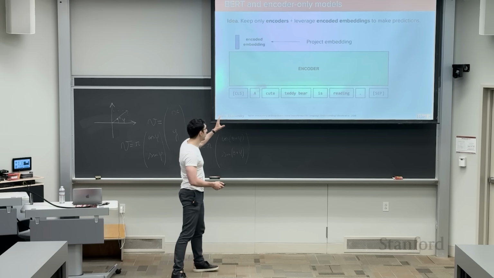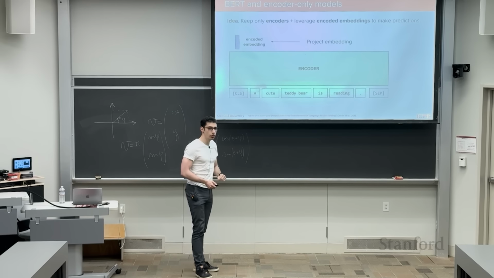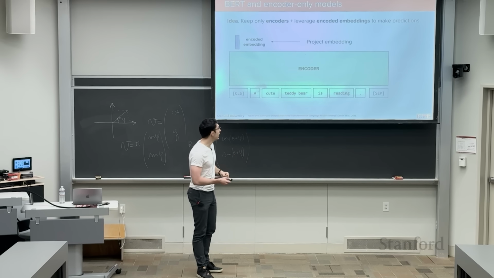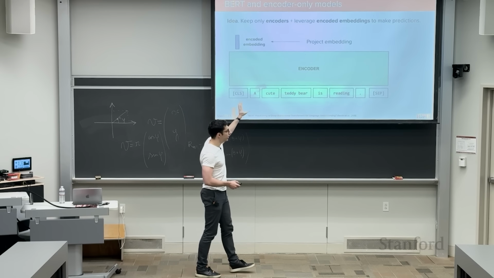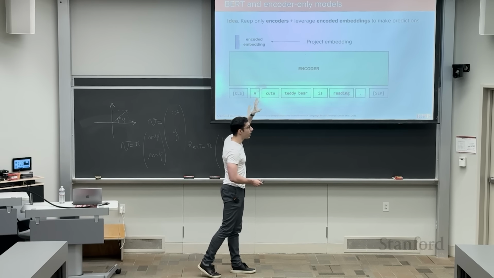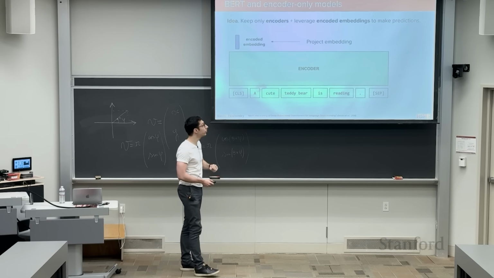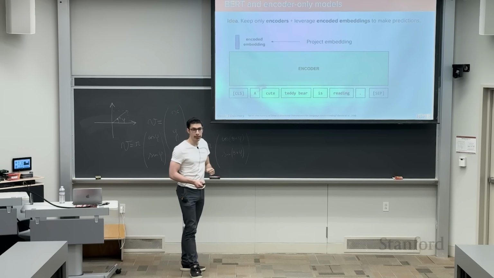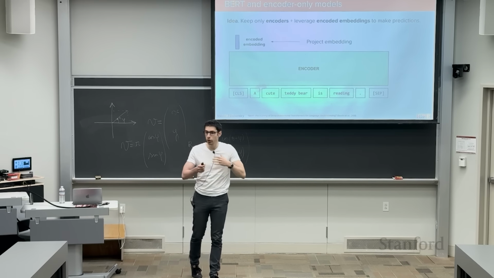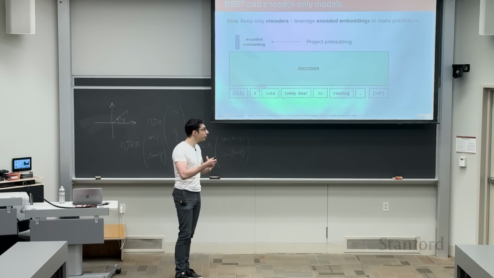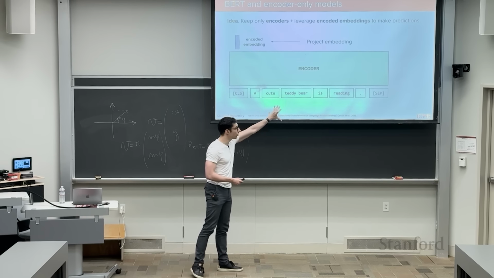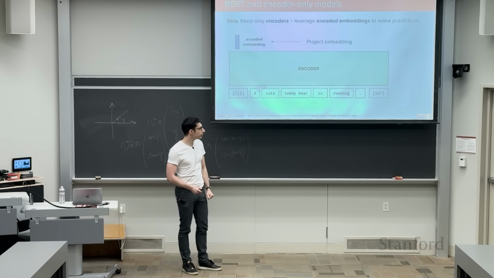It's a placeholder token put at the beginning of the sequence that will, at the end of the whole attention, projection and encoder mechanism, be projected into an embedding that we can then use for classification. So CLS is just a placeholder that will carry the bidirectional information of your whole input.